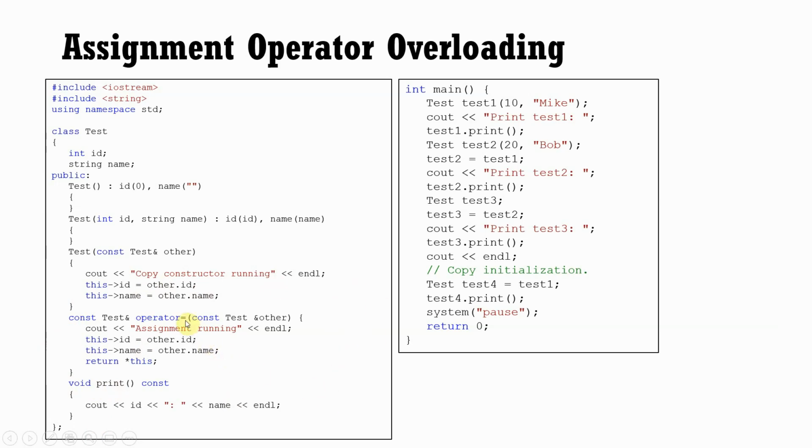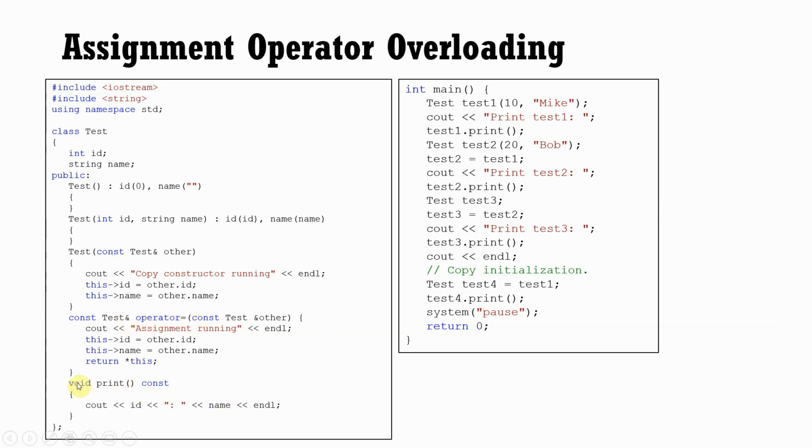We can overload different operators: plus, minus, multiplication, division, any operator that we have, except two operators. One of them is the dot operator; the other one I can't exactly remember, but most operators can be overloaded. So this is the assignment operator.